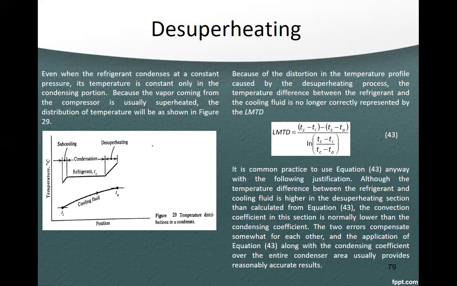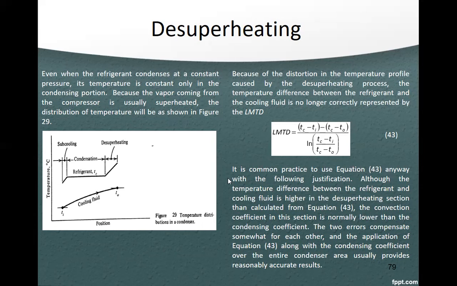LMTD is equal to (T sub c minus T sub i) minus (T sub c minus T sub o) over ln of (T sub c minus T sub i) over (T sub c minus T sub o). This is the cooling fluid, T sub c. This is the inlet, T sub i, ito, condenser T sub c. Okay, applicable lang to pag constant yung T sub c mo.